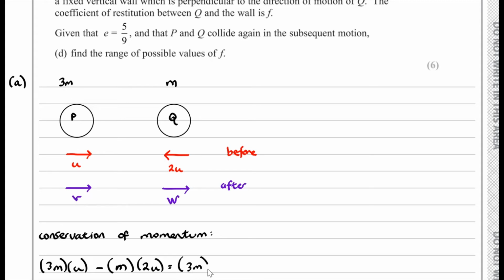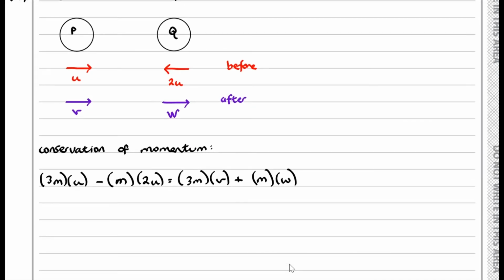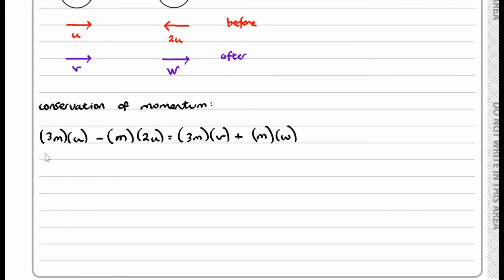So we have 3m times by v plus m times by w. And let's just clarify here. We have the situation before. Here we have the situation after.